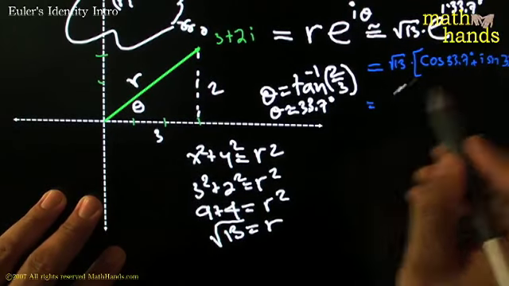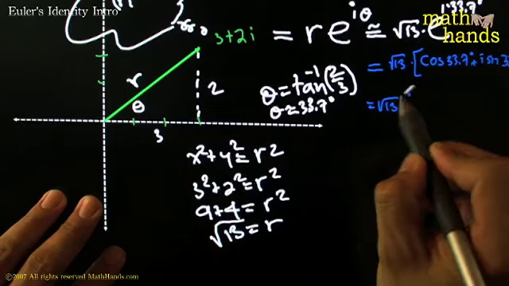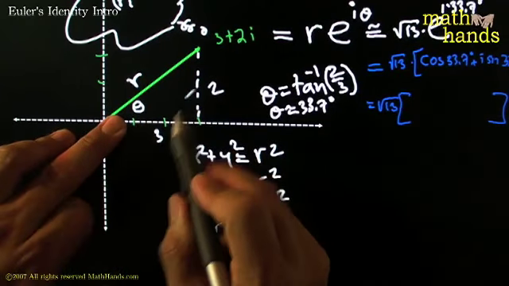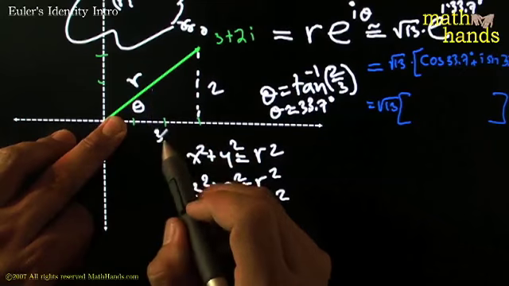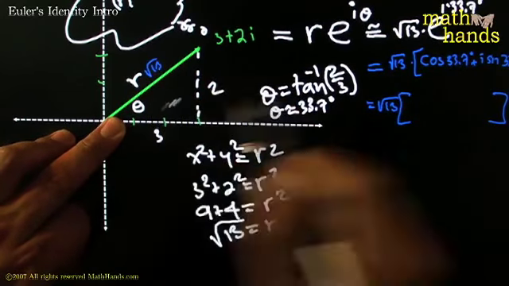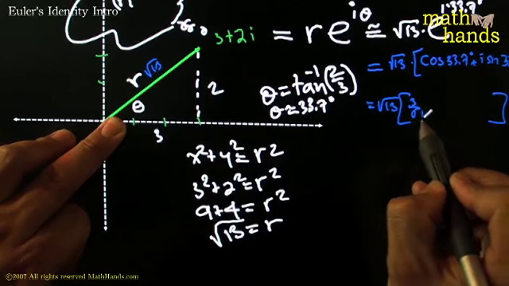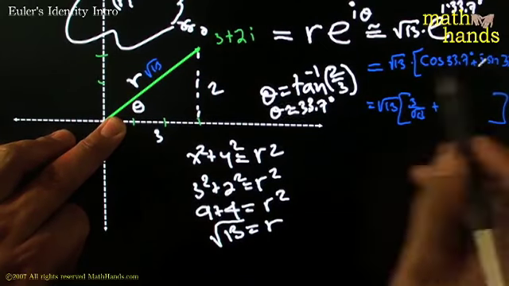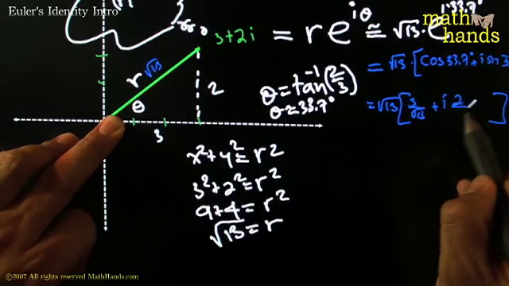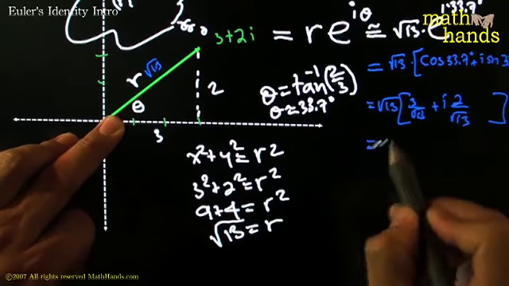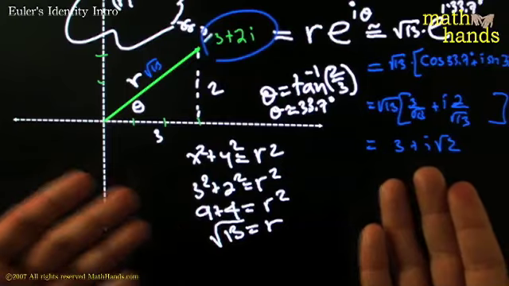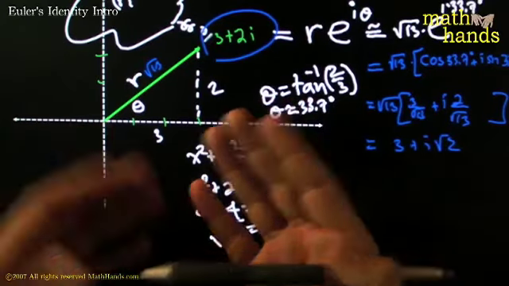Then this would be square root of 13 times, well, cosine of this angle would be adjacent over the square root of 13, which is 3 over the square root of 13, plus i times sine, which would be the opposite, 2 over the square root of 13. Then you distribute the square root of 13, and that would give you 3 plus 2i. So that's the key right there.